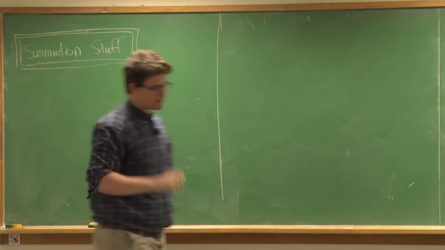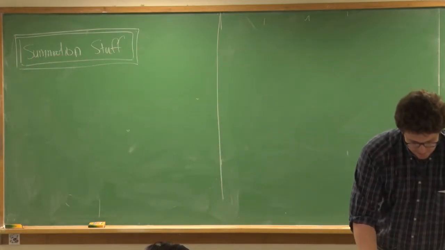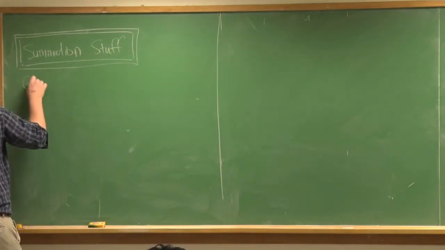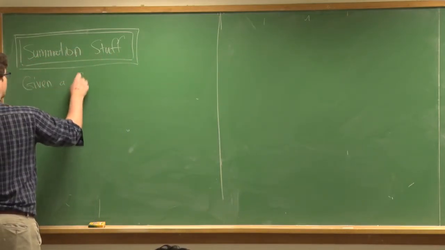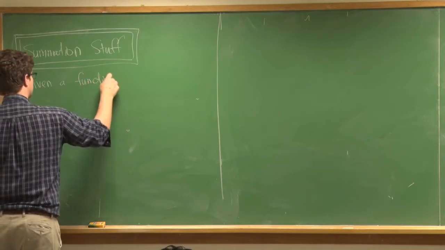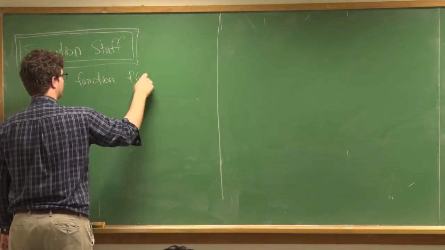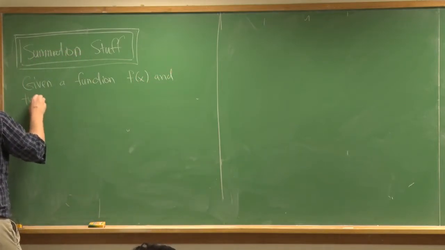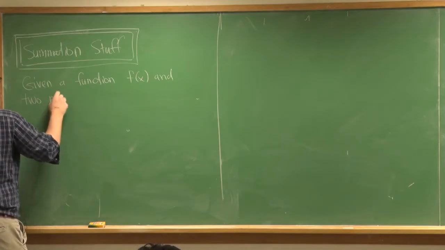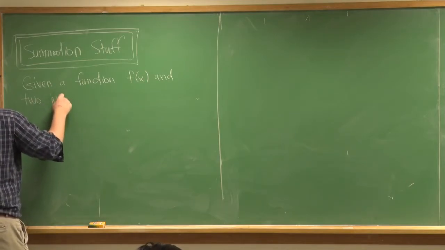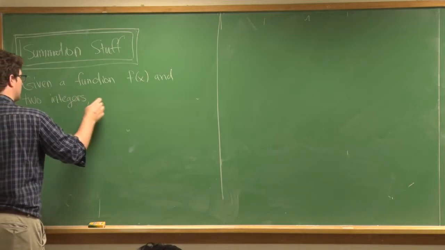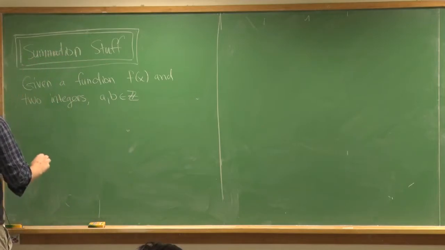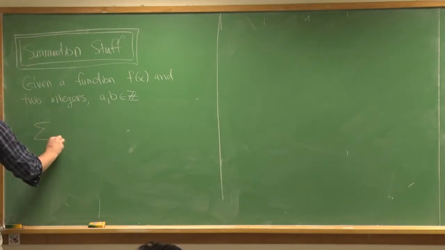Okay, so sums are a lot like integrals. So given a function f and two natural numbers, let's say integers even, a, b, then we can define this thing here, this sum symbol.